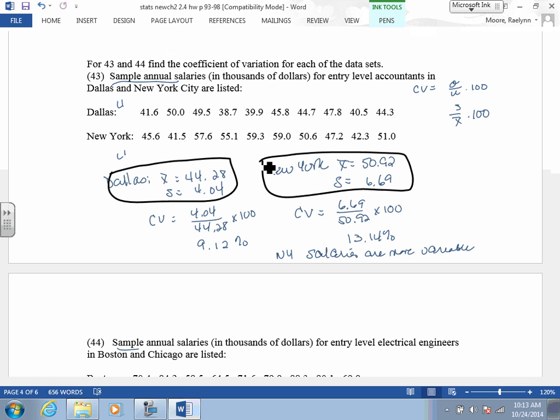Can you see it right here too? It's more variable in there. All this is a ratio. Your ratio of your standard deviation to your mean, whether it's sample or population. It's just a ratio. And we flip it to a percent, if you move your decimal or you multiply it by 100. New York salaries have a little bit more variance than Dallas salaries.